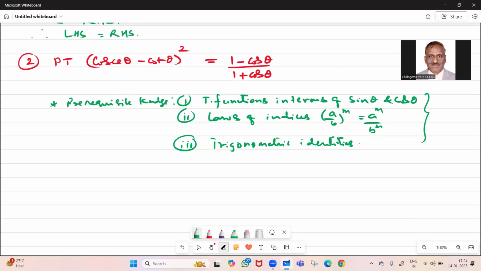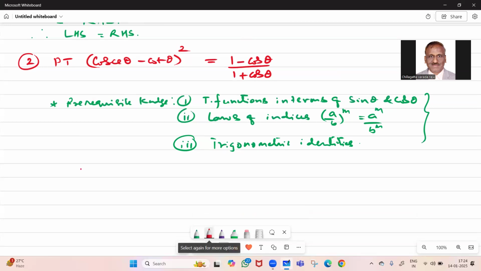So let us take here also the LHS part. What is LHS given to us? Cosecant theta minus cot theta whole square. Here don't expand this (a minus b) whole square. Convert them in terms of sin theta and cos theta. Cosecant theta can be written as 1 by sin theta, no?